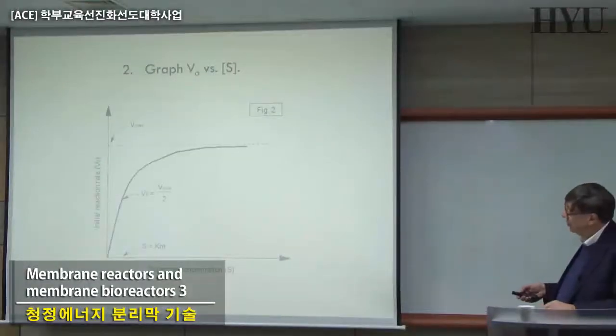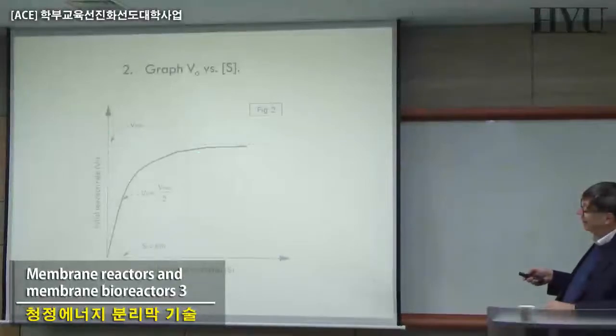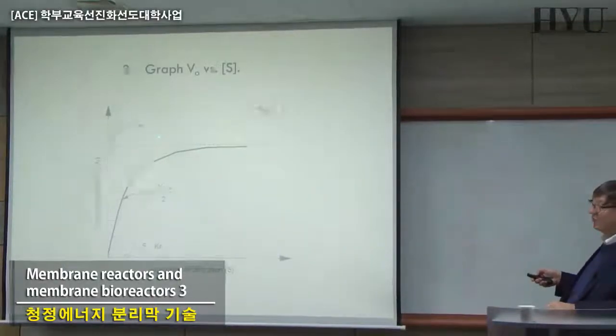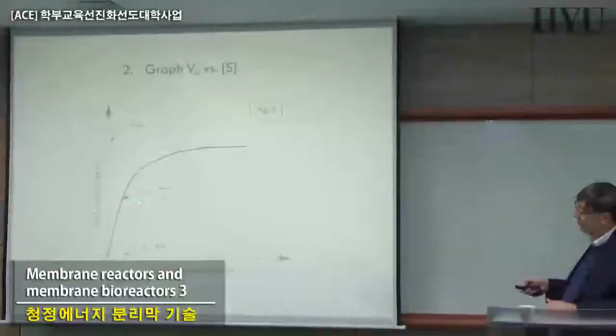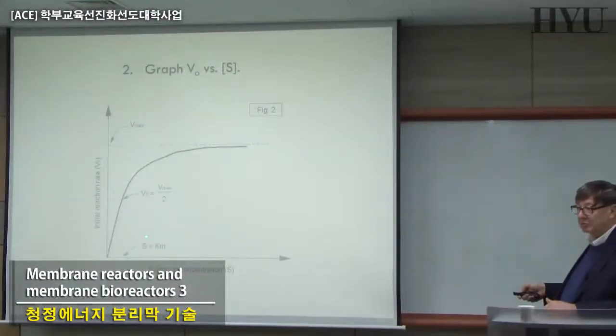Now from this picture, you can define this asymptotic value here, that is Vmax, the max transfer velocity you can obtain in your system. And at 50%, this V0 is Vmax divided by 2, and that basically is what we call the Michaelis-Menten constant.